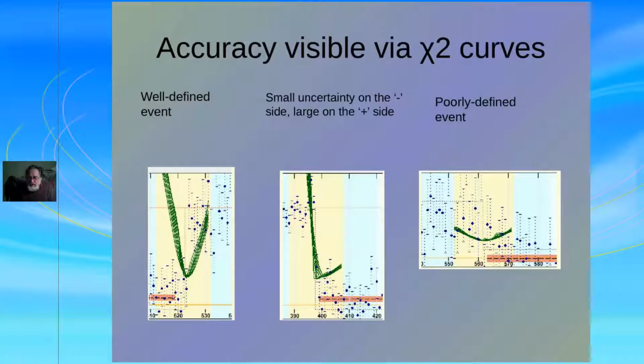And the third one, where you've got poor signal to noise, the chi-squared curve is very shallow, and that's telling you that the solution is not well defined. So on the third one, you'd expect fairly significant errors, uncertainties in the times, whereas the first one, you'd expect small uncertainties. Next slide.